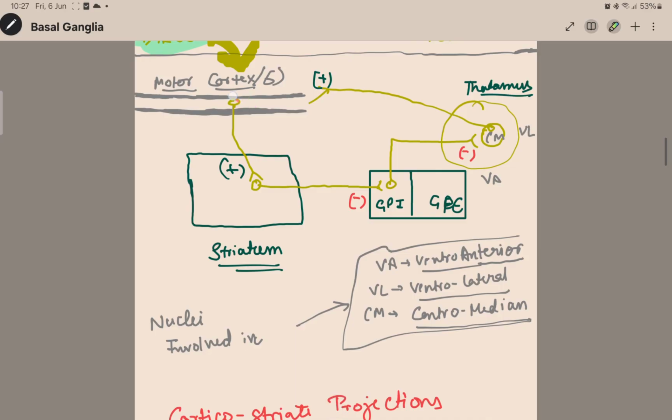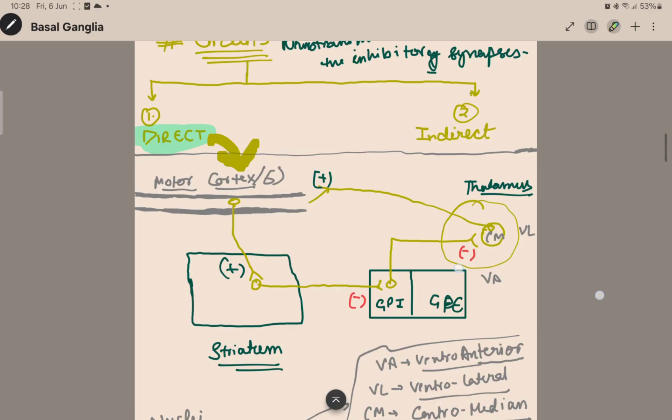Now the motor cortex sends a signal. We start thinking of doing some movement, let's say drinking water, or having tea when we feel sleepy. So the motor cortex is active now and sends a signal to the striatum that a movement is demanded.